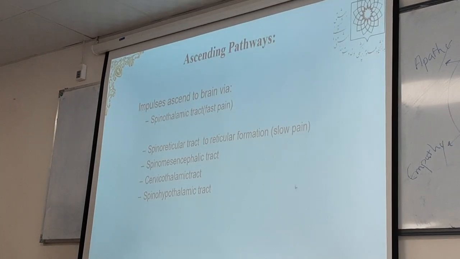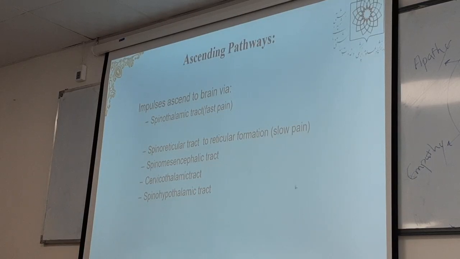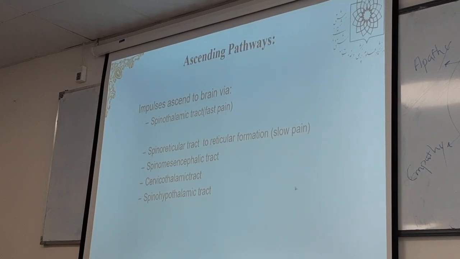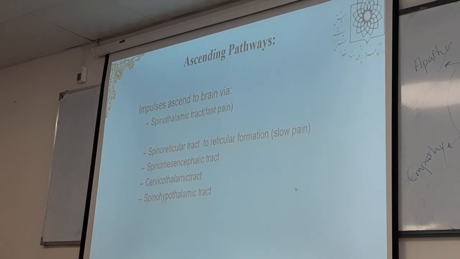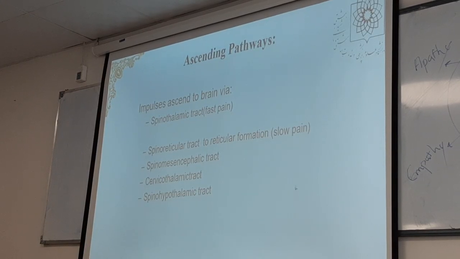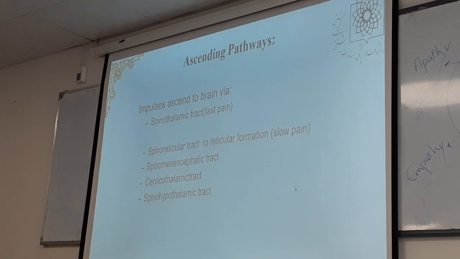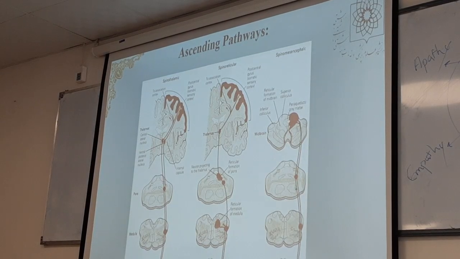Let me tell you, I have at least 2 to 3 questions from this slide and this pathway. You should know spinothalamic, spinoreticular, spinomesencephalic, spinohypothalamic. What is the function of each of them separately?